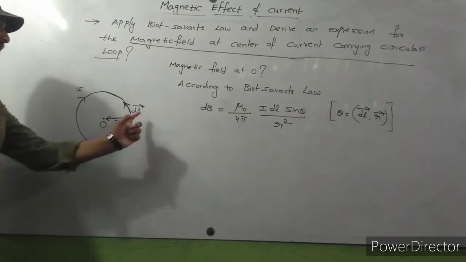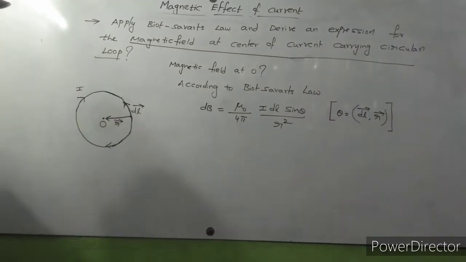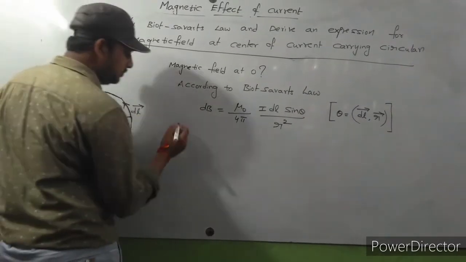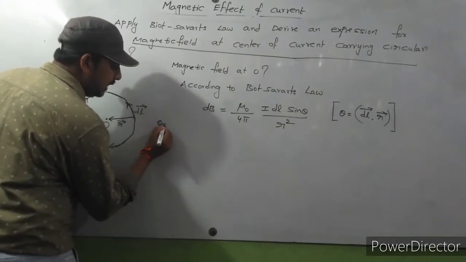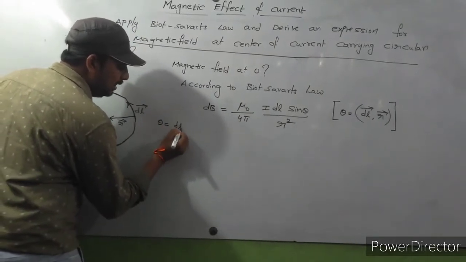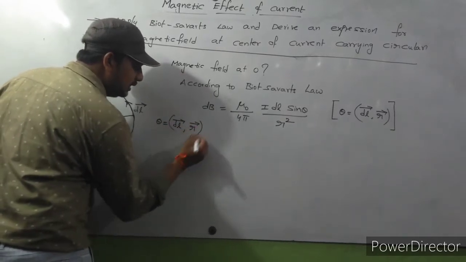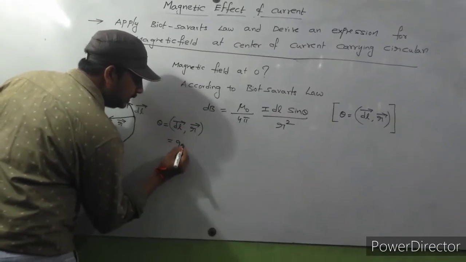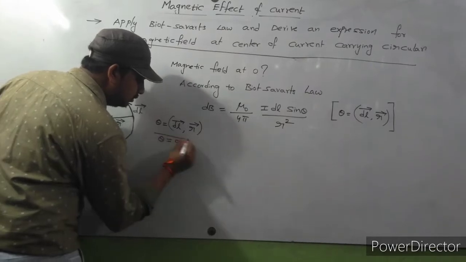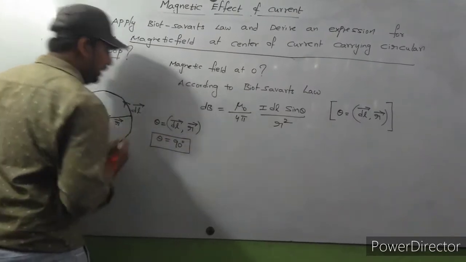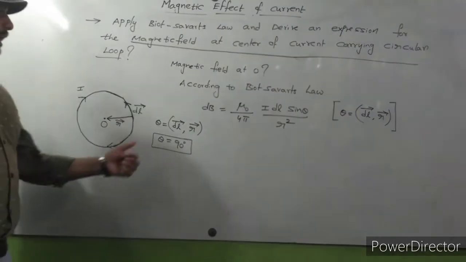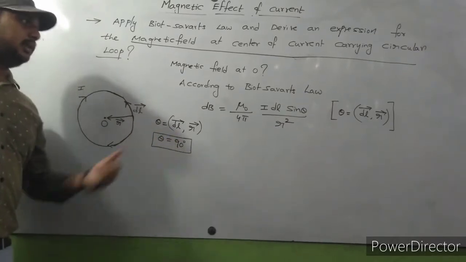So what is the angle between dl bar and r bar? Here theta is equal to the angle between dl bar comma r bar, that is equal to 90 degrees. According to the diagram, the angle between dl bar and r bar is 90 degrees.